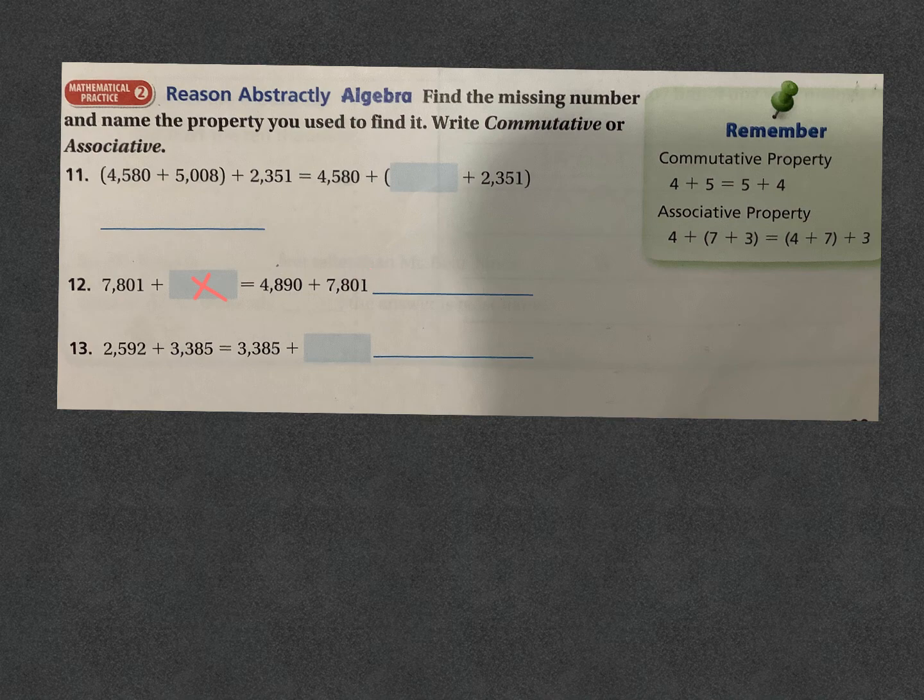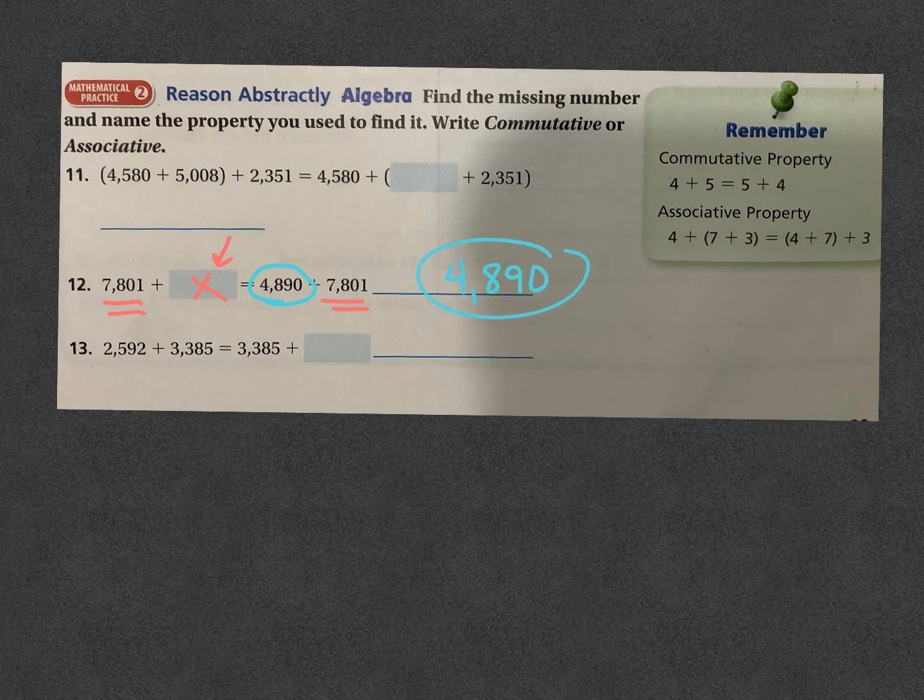Notice this number is the same as this number. So for these to be equal, what does this number have to be? It has to be this number because they're equal. So the unknown number is 4,890.